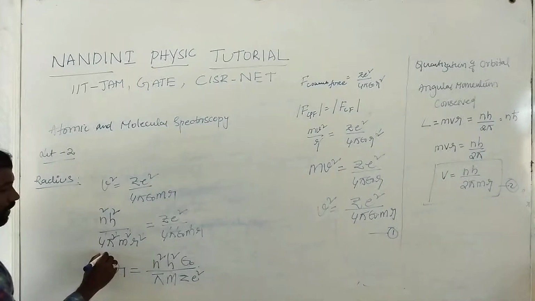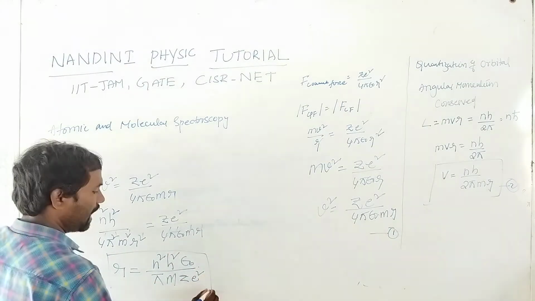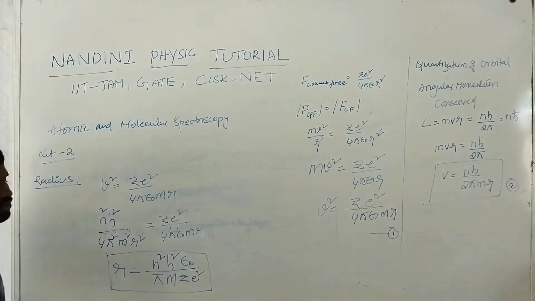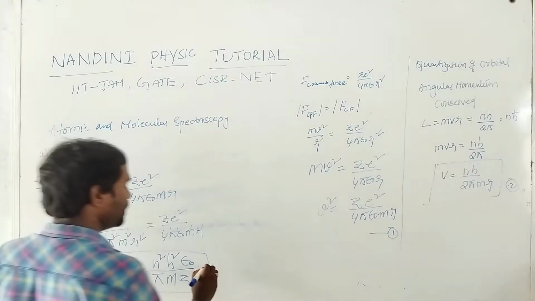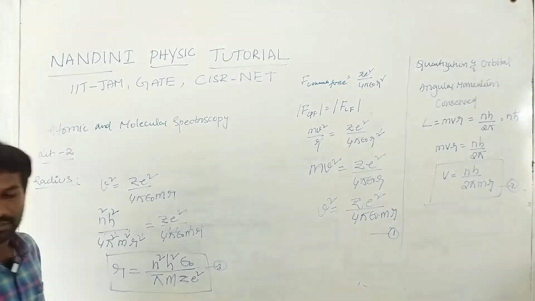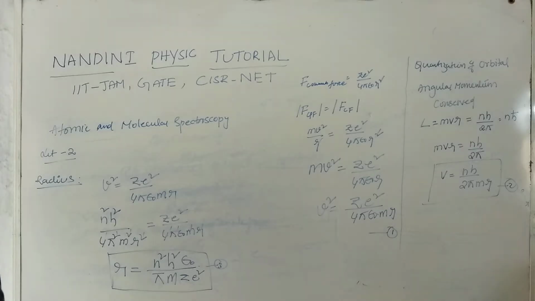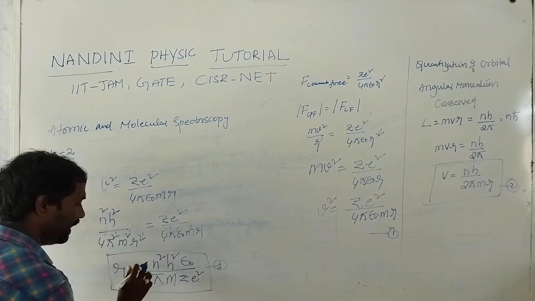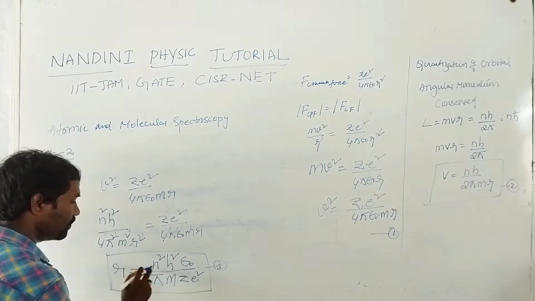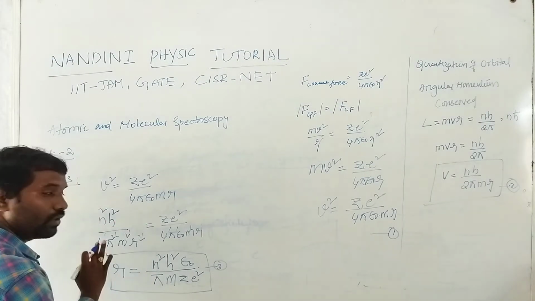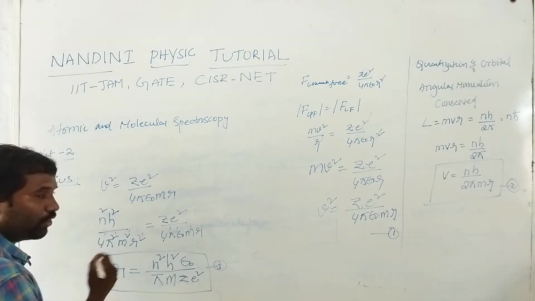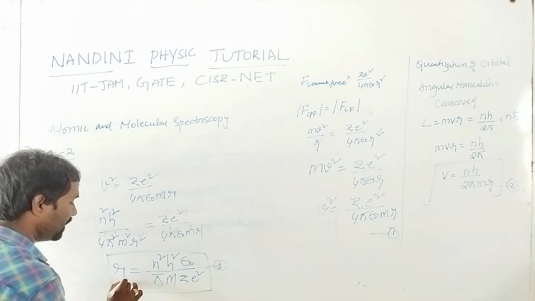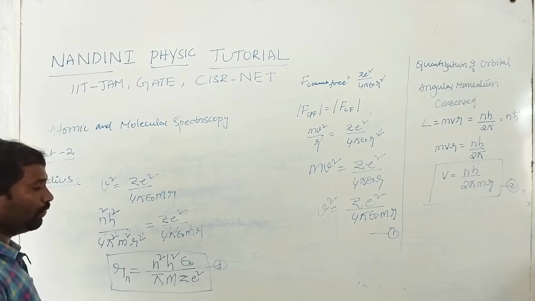So this is the radius of the atom. This is equation 3, the radius of the atom. This is the nth radius. I'm not substituting any hydrogen Z value or n value right now, so we represent it as r n.